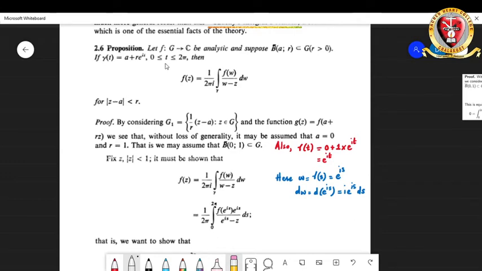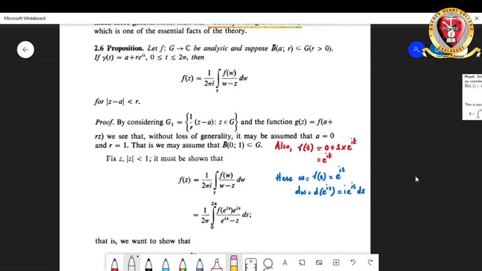And also gamma of t is nothing but 0 plus 1 into e raised to it, which is equal to e raised to it. Okay, so let's see how we can rewrite what we have to obtain. We are fixing a z such that z is inside this open disk, which is now modulus of z strictly less than 1, as a is 0 and r is 1.